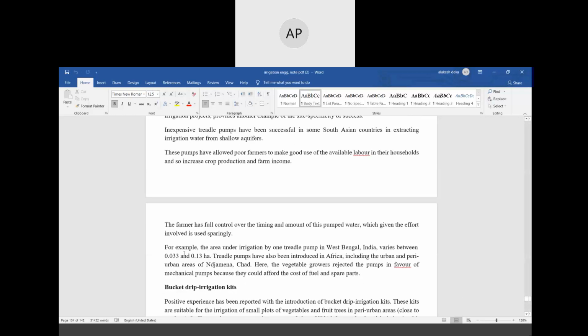The area under irrigation by treadle pump in West Bengal in India varies between 0.033 to 0.13 hectares. Treadle pumps have been introduced in Africa, including the urban and peri-urban areas of Tanzania. Here, the vegetable growers rejected the pumps in favor of mechanical pumps, because they could not afford the cost of fuel and spare parts.